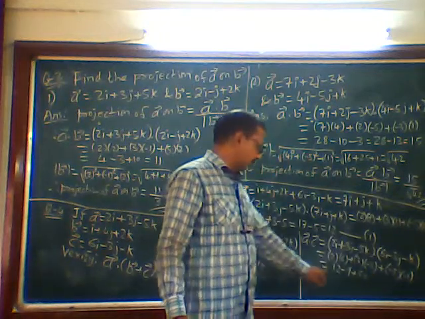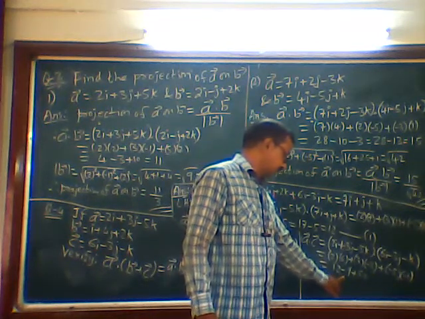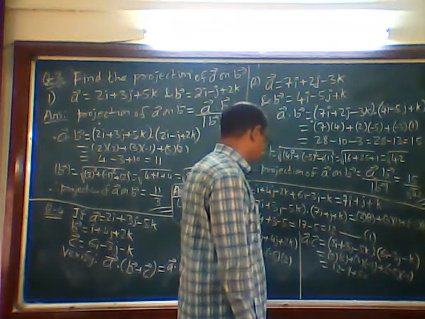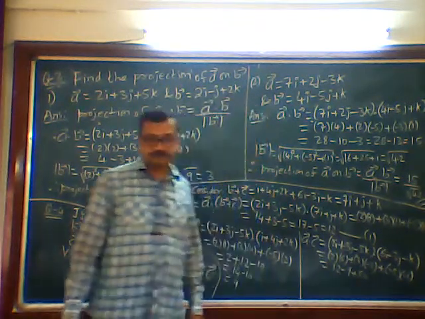So 12 minus 9 is how much? 3. 3 plus 5 is 8. Something has gone wrong.